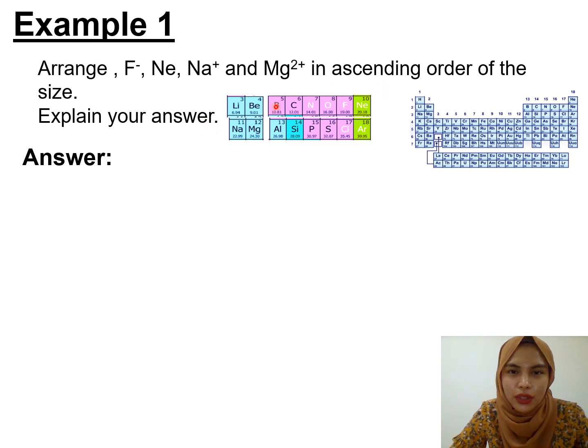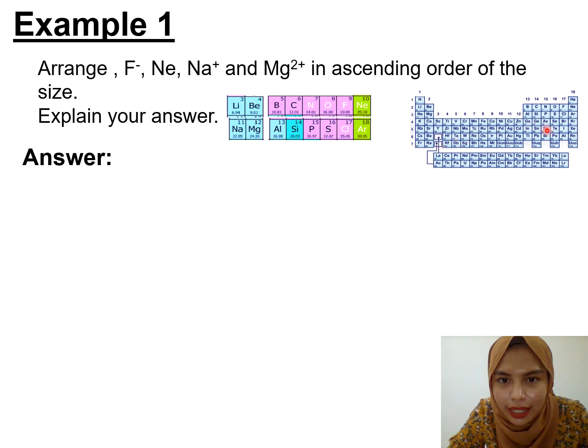So I think you will need to find the elements or the ions in the periodic table of elements, right? Ne I believe berada dekat period kedua, but Ne adalah atom, right? Noble gas. And F minus, F berada di period kedua.